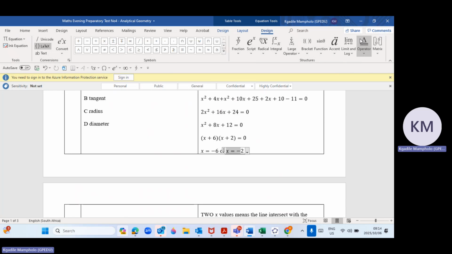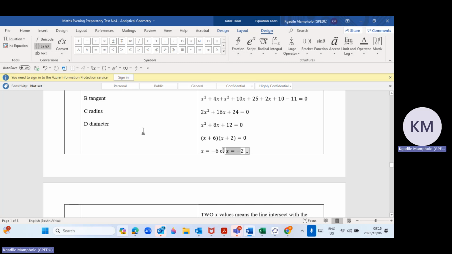But remember, the diameter touches the circle twice too, but there's nothing which shows that this line subtends an angle of 90 degrees. So there's nothing that gives us reasons for saying it is a diameter.